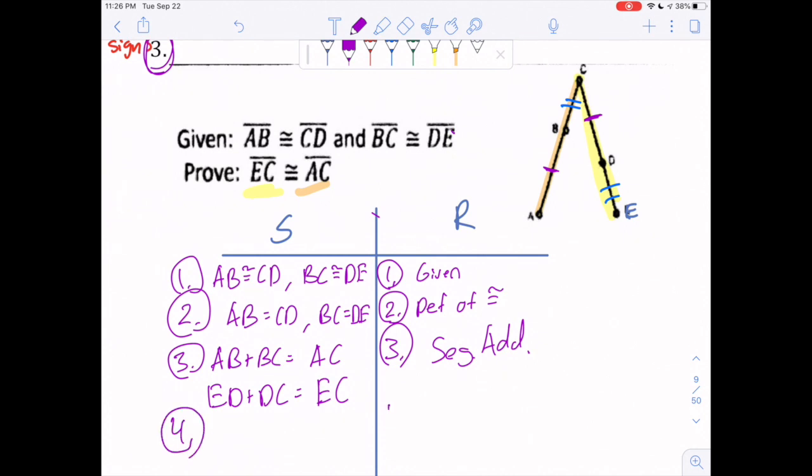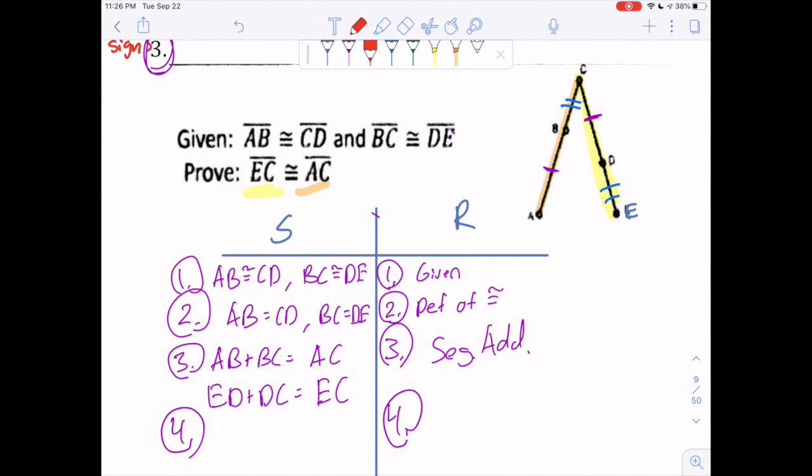Okay, remember our goal. Always look at our goal. When you get halfway through a proof, you need to remind yourself, what's my goal? EC and AC, I have it right here. So that's good. Our goal is to make this set equal to each other. So this is what I'm going to do. I'm going to do some math magic here. I'm going to take this equation.